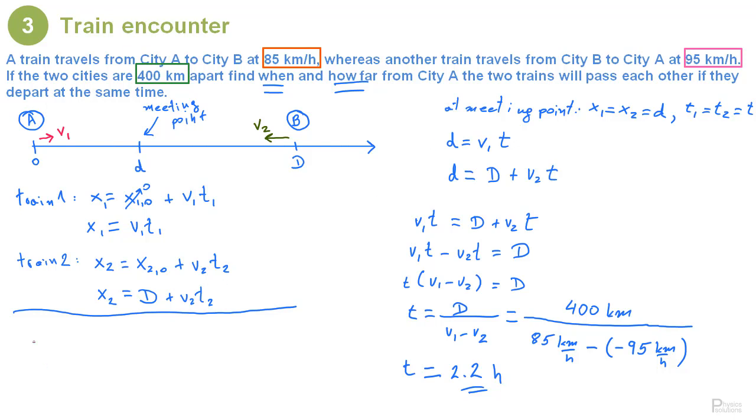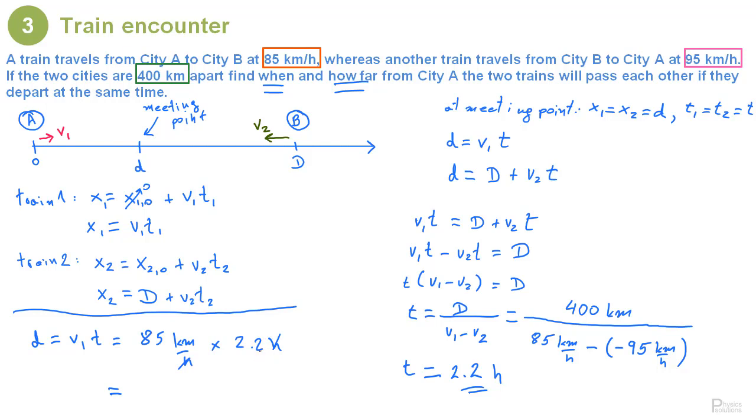The first equation says d is v1t. v1 we know is 85 kilometers per hour times t, which we just found, is 2.2 hours. So once again, since we're using all units, the length is always in kilometers. Everything cancels properly. The time cancels here, it's hours with the other hours.